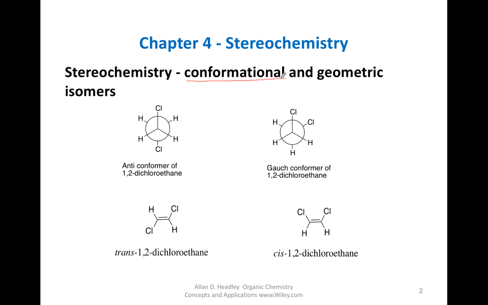And here they differ based on rotation about a single carbon-carbon bond. So as you can see here, this has a Cl at the bottom and a Cl at the top, and here's another at the top and right beside it. So that's a gauche conformer. There are 2 different conformers of the same molecule.